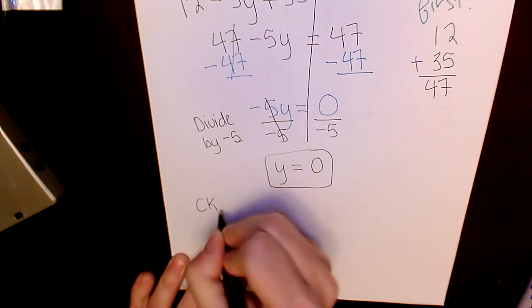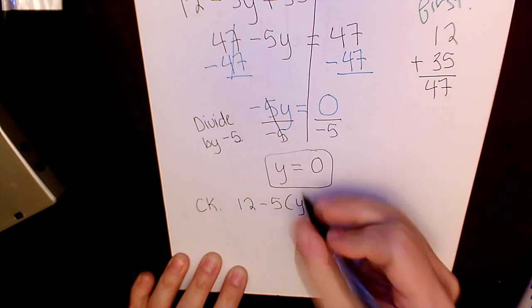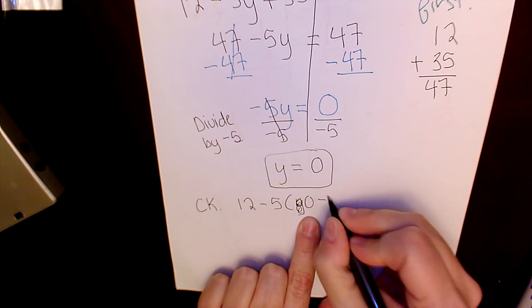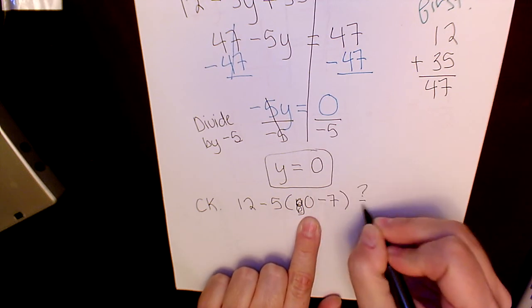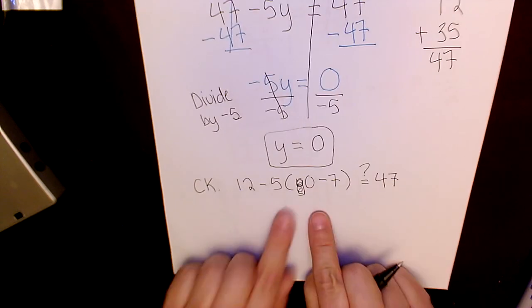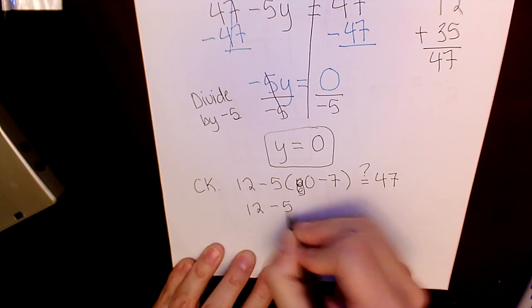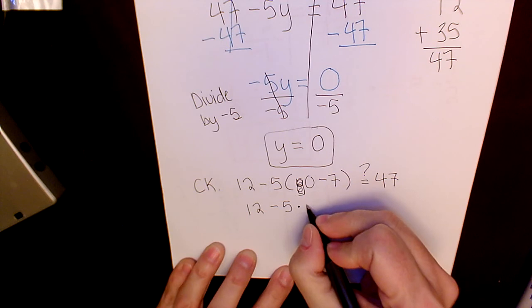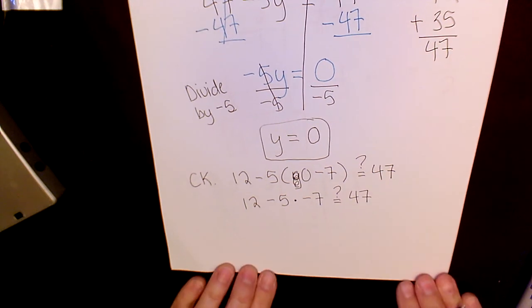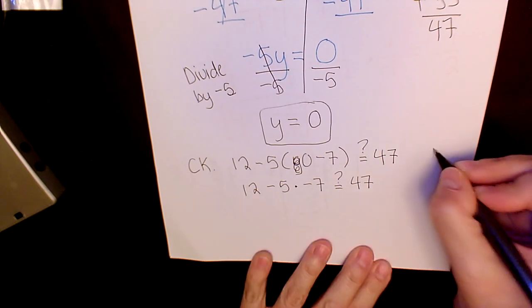And I'm going to check that. So I'm going to go back and plug it in. Y is now 0, and see if that'll get me to 47. Remember, with PEMDAS we have to do parentheses first. So 0 minus 7 is negative 7. Now keep going with the PEMDAS, right?